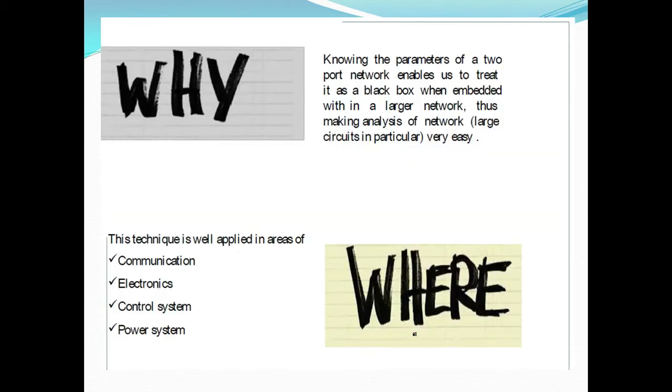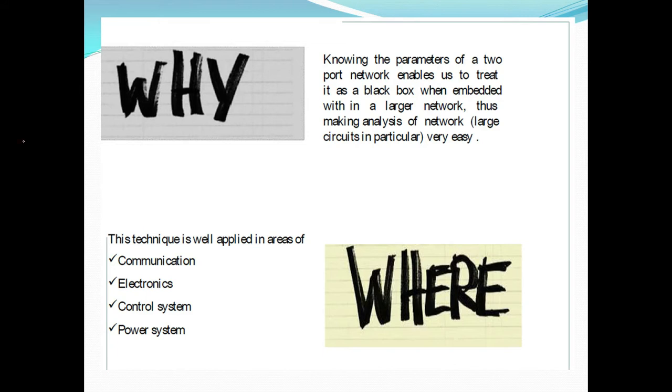Then why do we learn the two-port network? Knowing the parameters of the two-port network enables us to treat it as a black box, whatever the circuitry within it, and when it is embedded in a larger network, this makes the analysis of the network very easy.